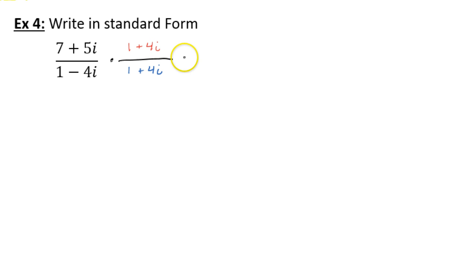When we multiply across, on top we get the quantity 7 plus 5i times 1 plus 4i. In our denominator, we get 1 minus 4i times its conjugate, 1 plus 4i.